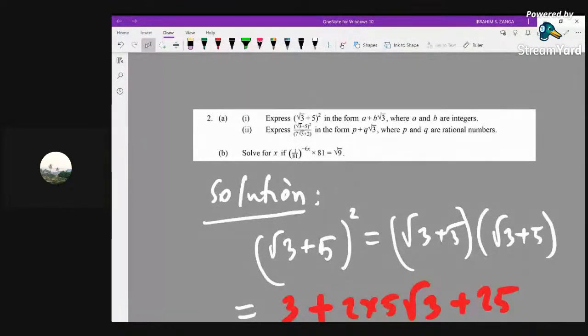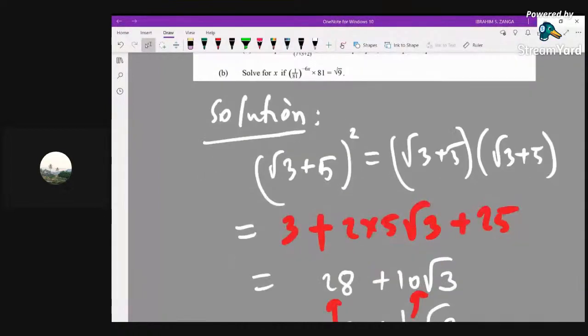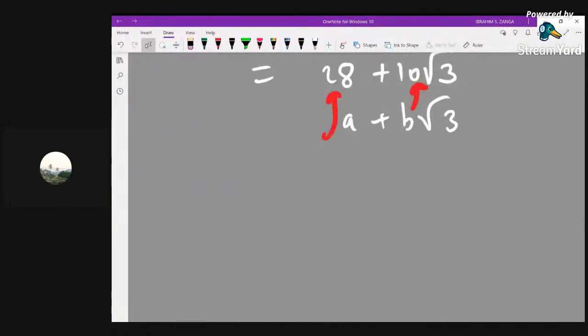The second one: express (root 3 plus 5)² over (7 root 3 plus 2) in the form of p plus q root 3. Okay, so we already have the numerator.